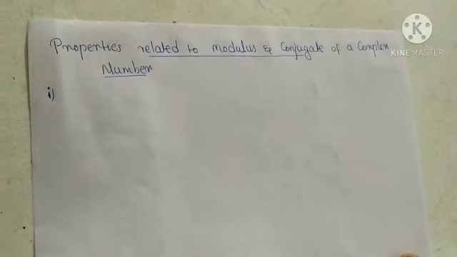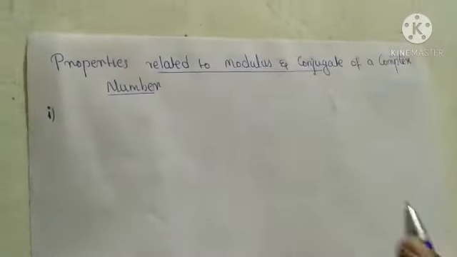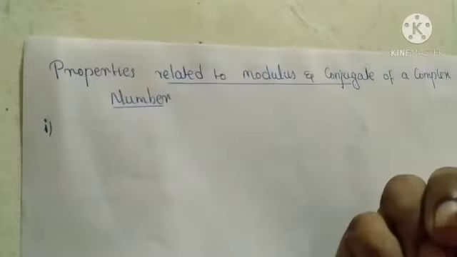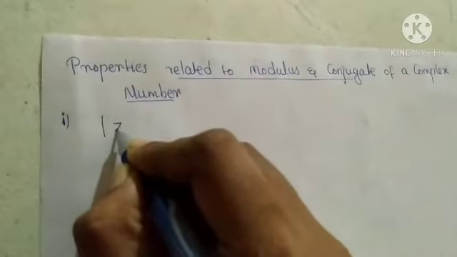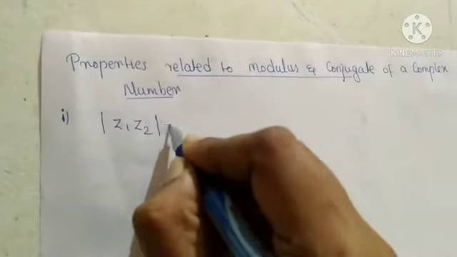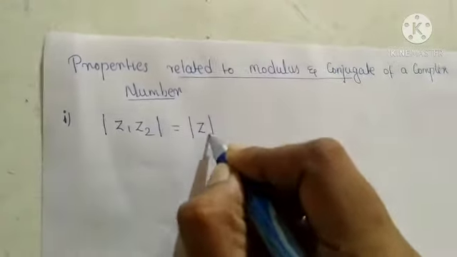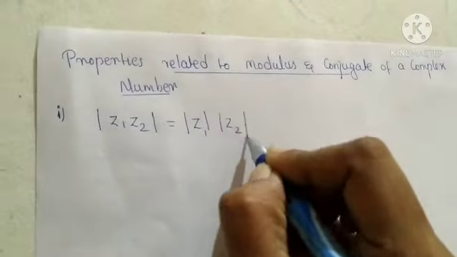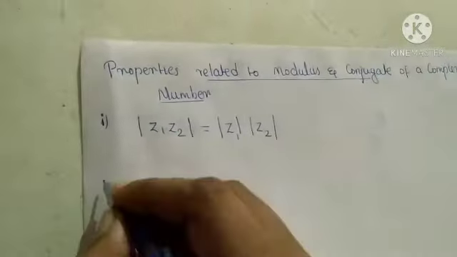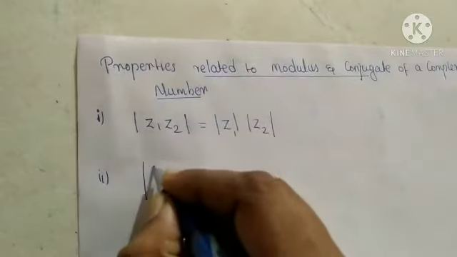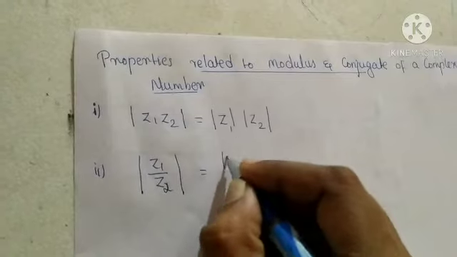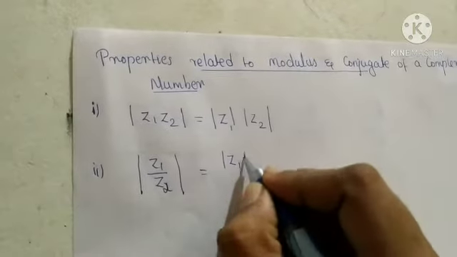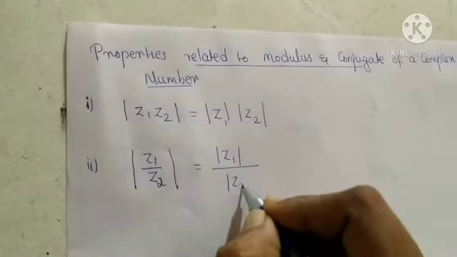Next I am going to discuss some properties related to modulus and conjugate of a complex number. So let Z1, Z2 be any two complex numbers. Mod Z1 into Z2 can also be written as mod Z1 into mod Z2. Okay. Similarly, mod Z1 divided by Z2 can be written as mod Z1 divided by mod Z2.